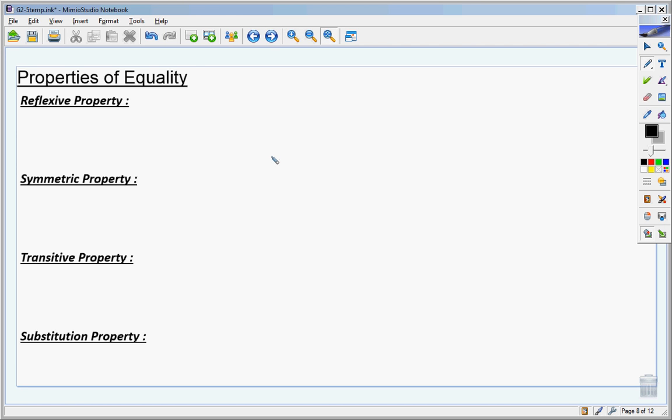These properties of equality you may not remember. We don't use them as often.